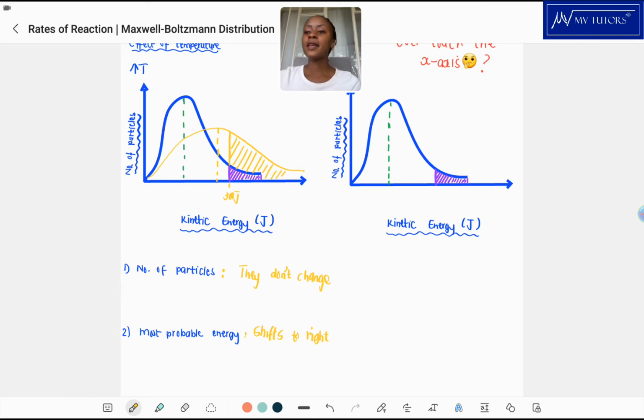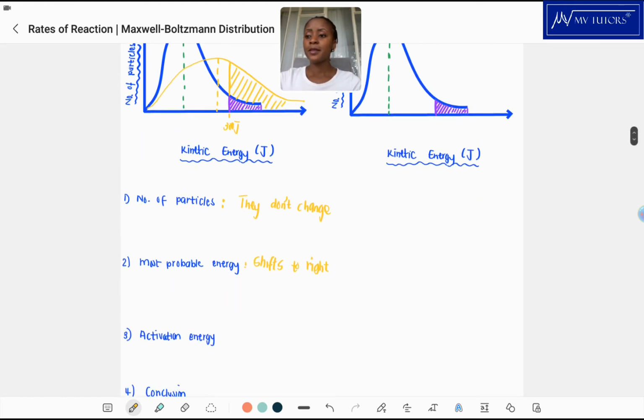Okay, the number of particles, they don't change, they stay the same. But the number of particles that now have exceeded the activation energy are a lot, as opposed to the ones that are not involved in any reaction.